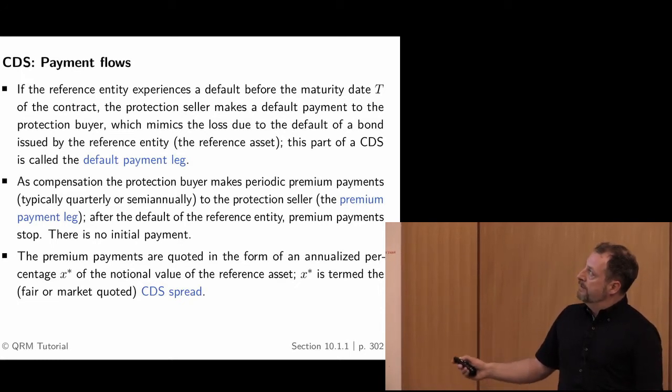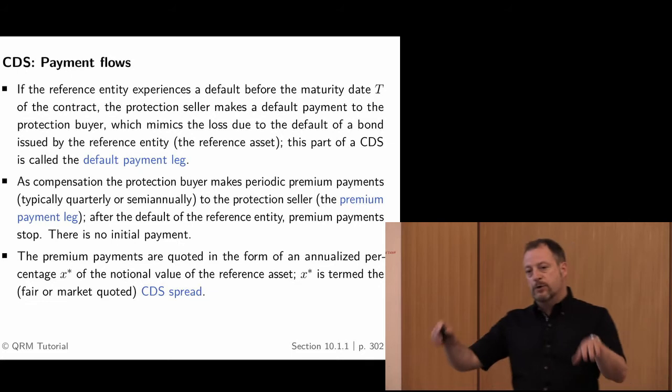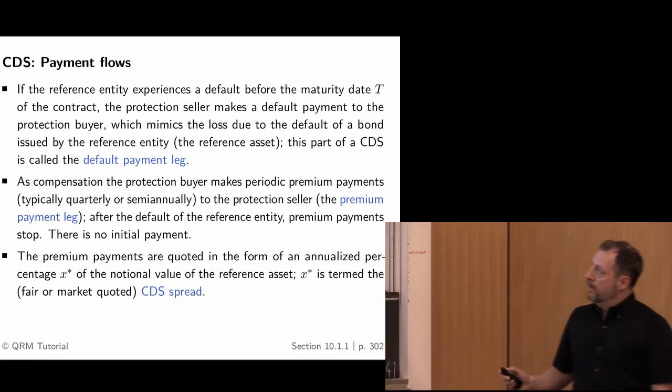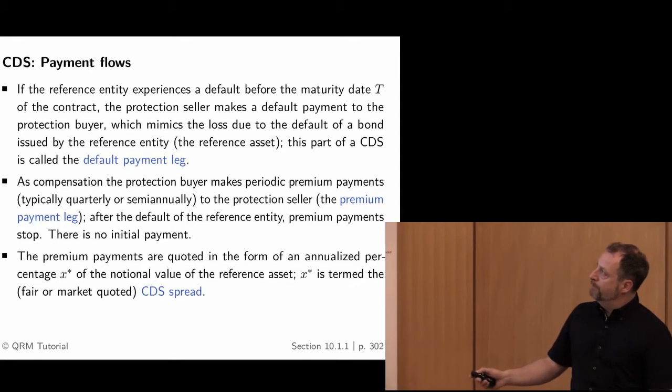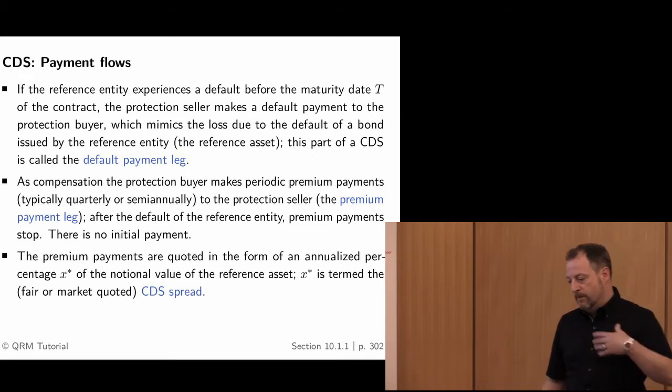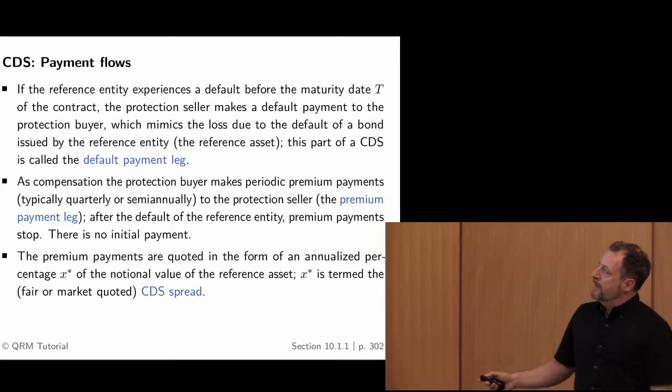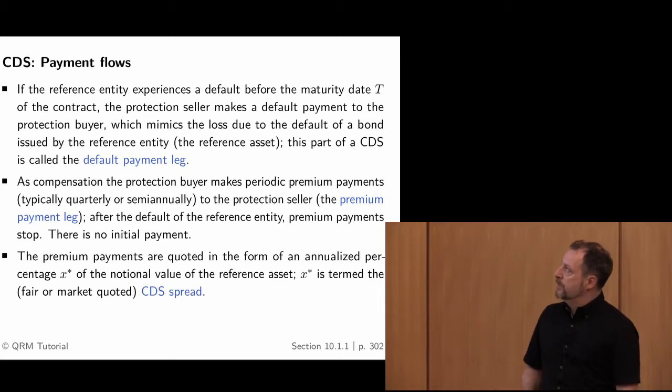And this CDS is said to have 2 legs. This particular leg is the default payment leg. The compensation, the premium, is paid by the protection buyer to the protection seller. It's a regular payment stream, typically quarterly payments. And after the default, premium payments would stop.